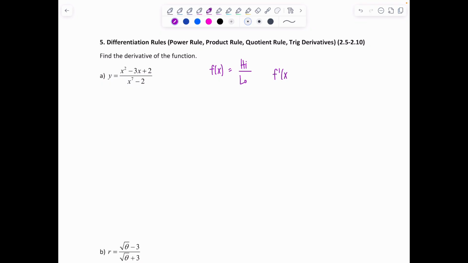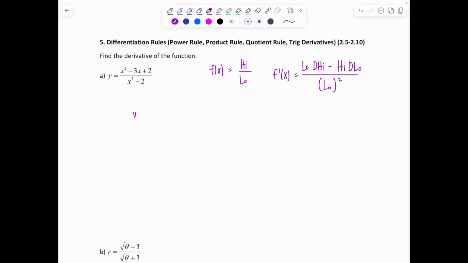So f prime of x would be low d high minus high d low over low, or square the bottom, away you go. When we say low, that means just put the denominator. D high means derivative of the numerator. Minus high, D for derivative of the denominator over low.